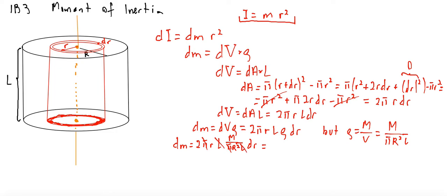Finally, I've obtained 2m in the numerator over R squared in the denominator, times this r, times dr.